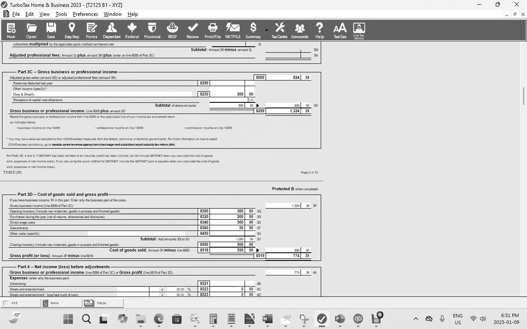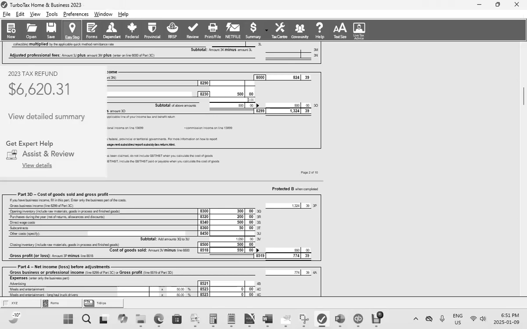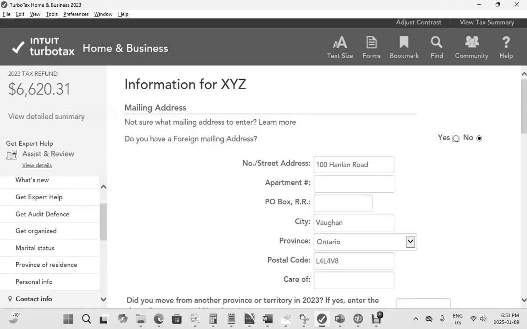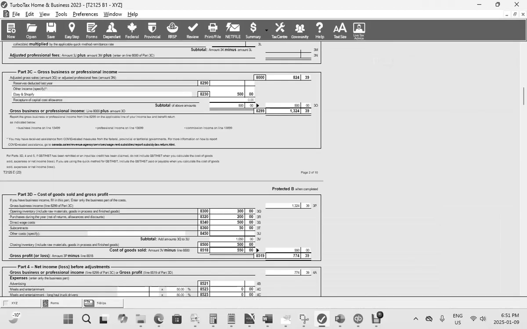So further down, part D, we have opening inventory, line 8300. This amount over here is $300. This is 3Q. Notice the tax refund is $6,621.31, what we started off with. Let's change this figure under opening inventory to zero.